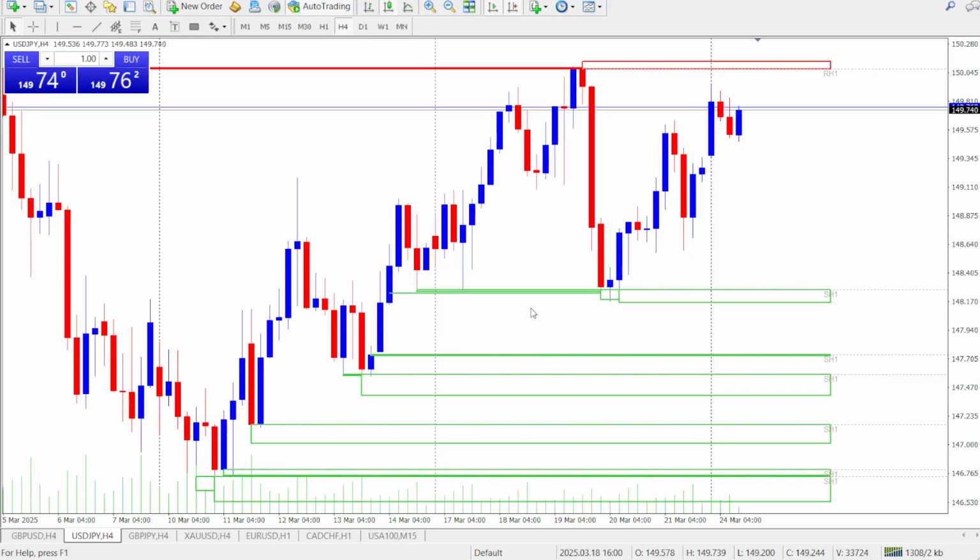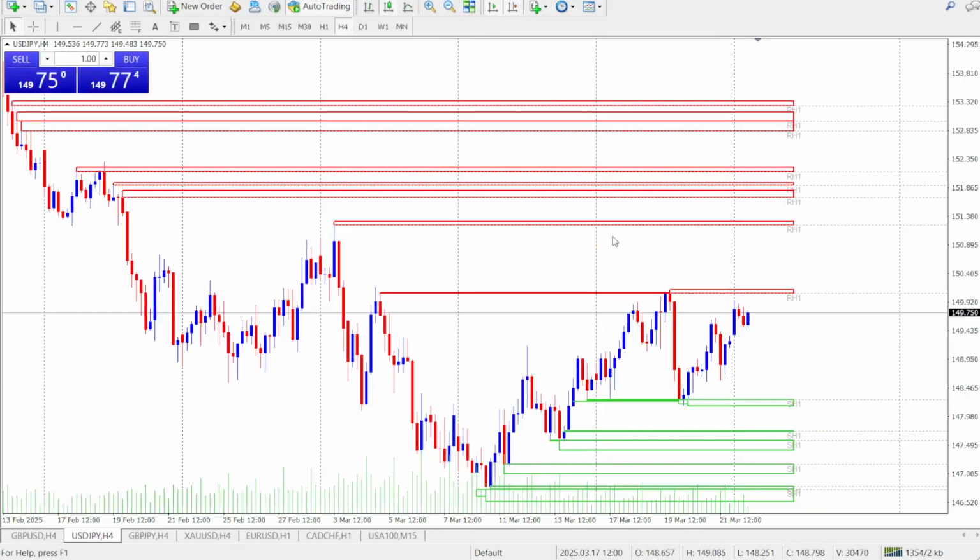It is a forex trading tool that is designed to automatically detect and plot strong support and resistance levels on your chart. These zones are areas where price is likely to react and bounce or reverse, making them crucial for entry and exit points in trading. Now, instead of guessing where to draw your key levels, this indicator does all the technical analysis for you.